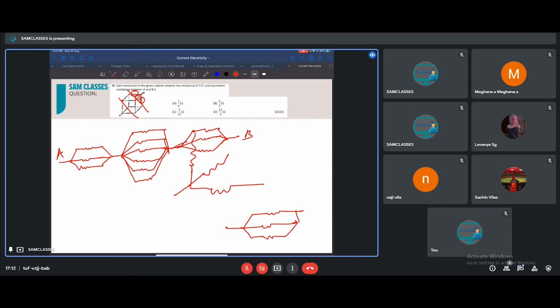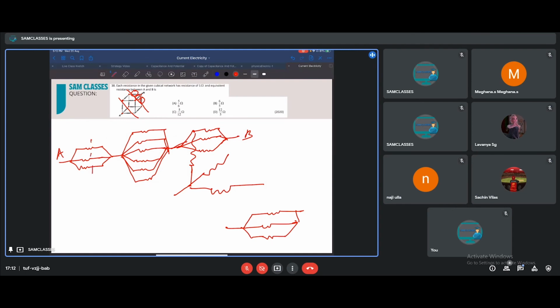Is anybody able to visualize this? This is one of the methods of solving. I'll show you another method also, don't worry. So directly with this, we can find the answer. What will be the answer in this case? We know the resistance is 1, 1, 1.